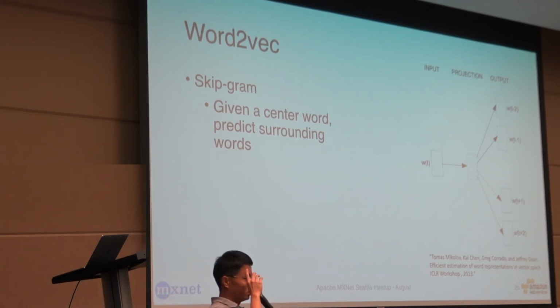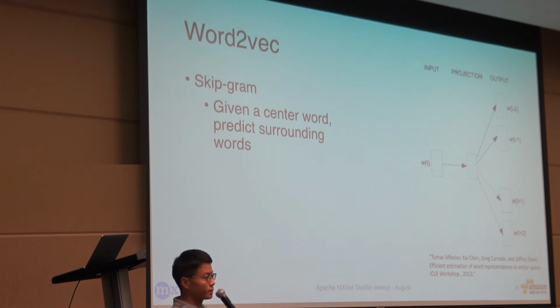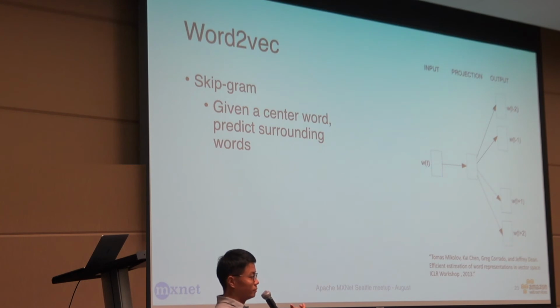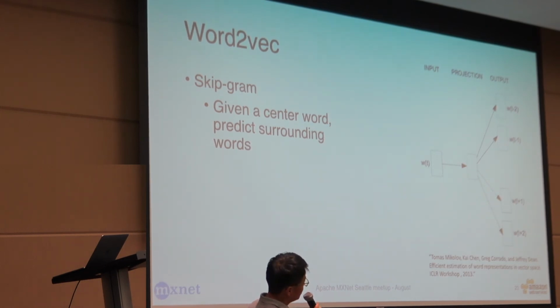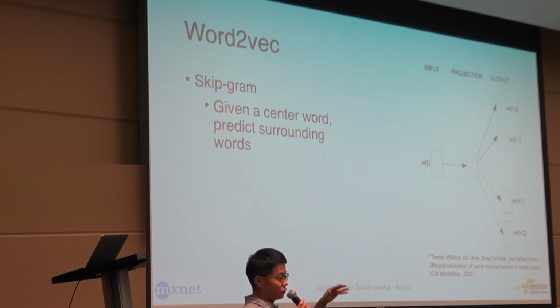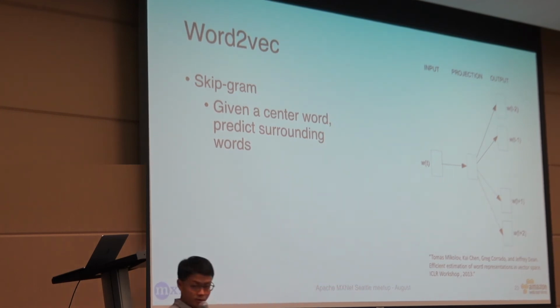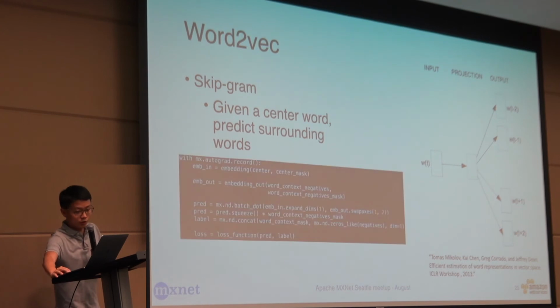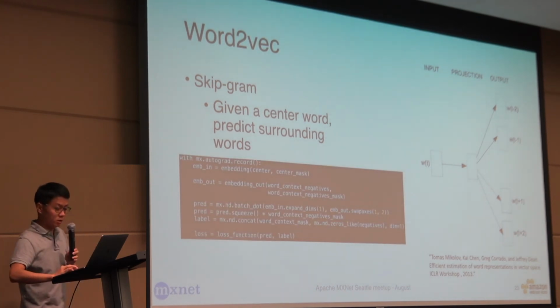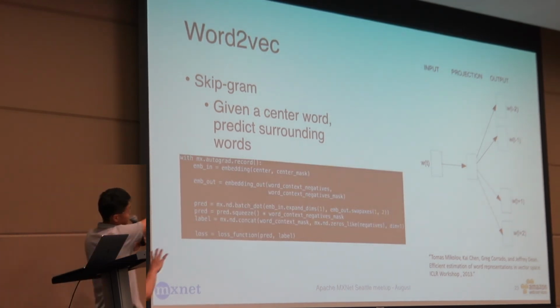So the simple idea is that words that appear many times together in one sentence, the more it happens, the more similar the representation of the words should be. Okay, so this is the basic intuition.